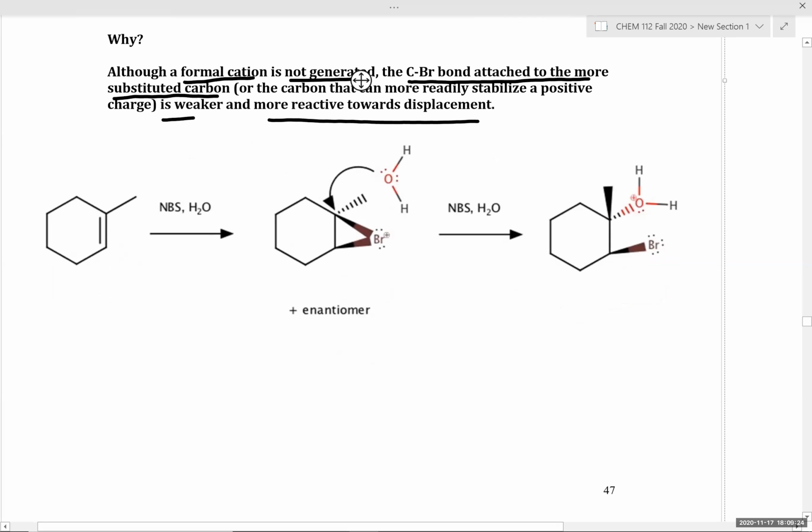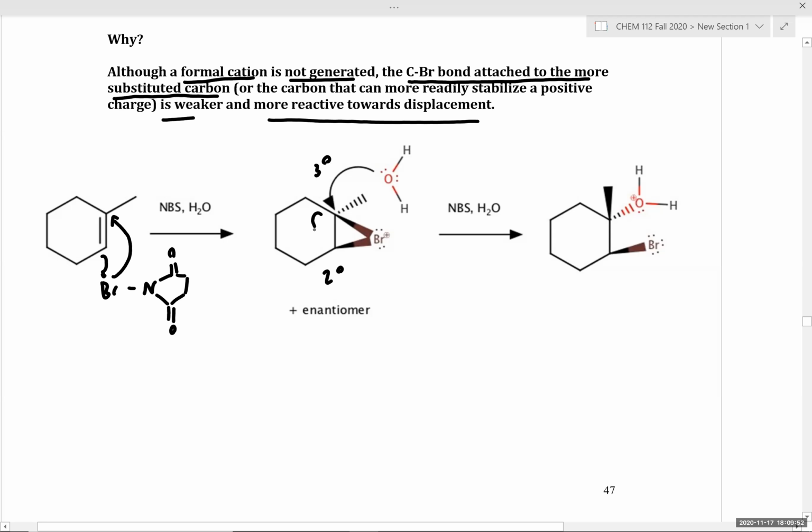So for example, in our first step, we treat with N-bromosuccinimide. We generate our bromonium intermediate. And now if we have a choice, we can either attack at the secondary or the tertiary position.